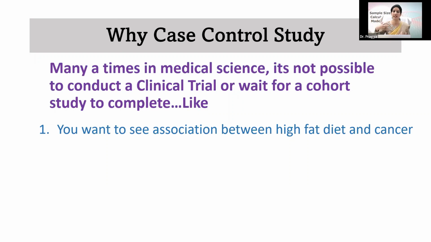So many times, if that exposure is a risk factor, because of the ethical concern, you cannot do a randomized control trial. And cohort also, if you know that the disease will take a long time to develop with that exposure, then also you don't want to do a cohort study.